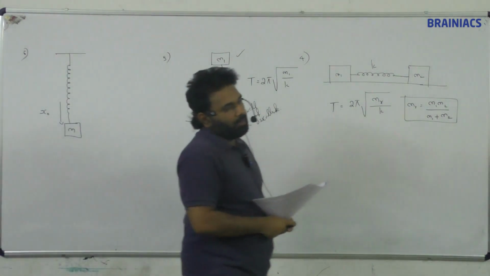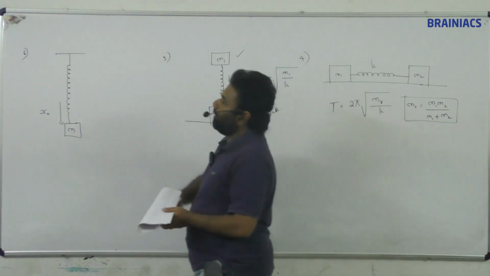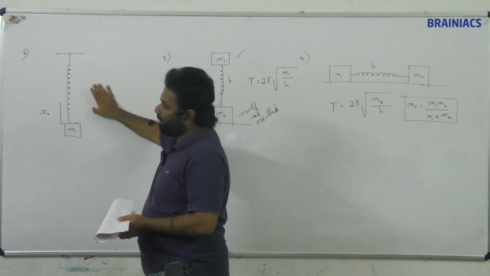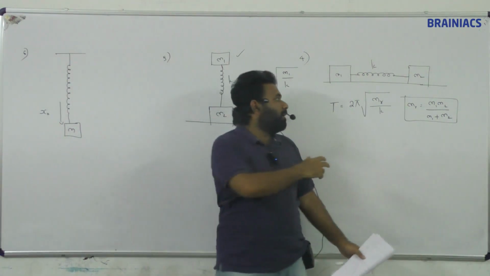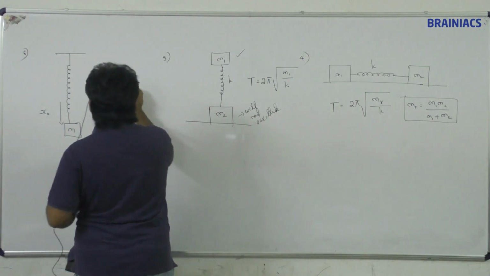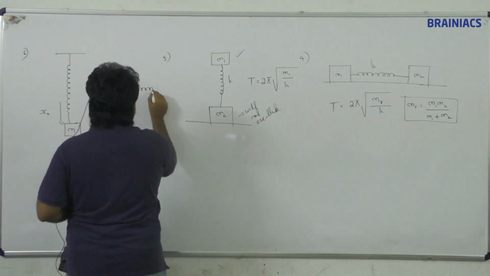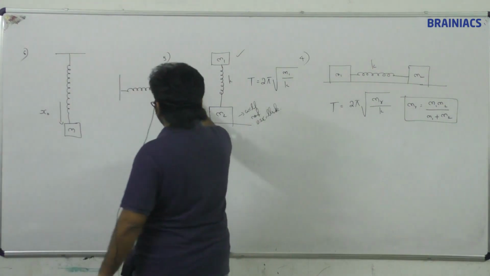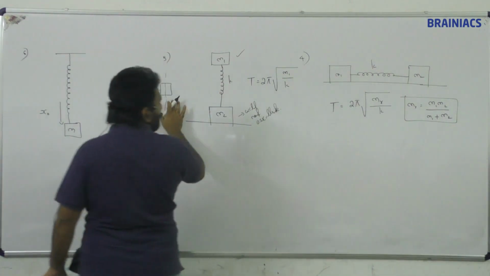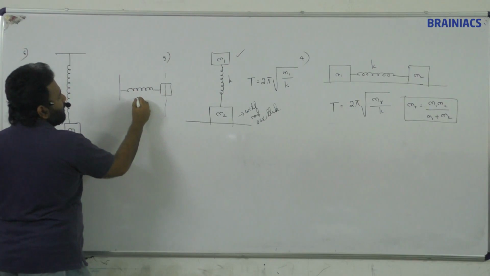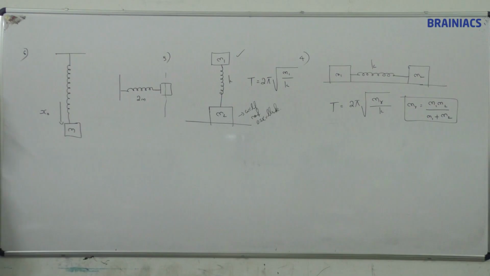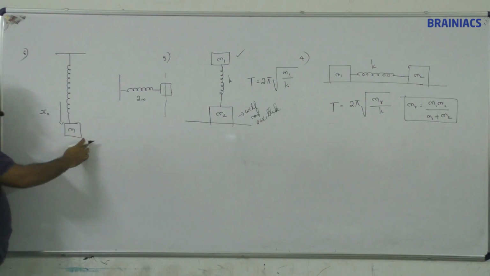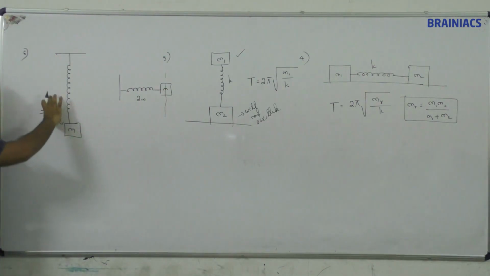See children, when we put this in a vertical way, the thing is like in horizontal. If this is the mean position, say for example 2 meter, if we hang it vertically, because of the weight of this mass, this will extend a little.